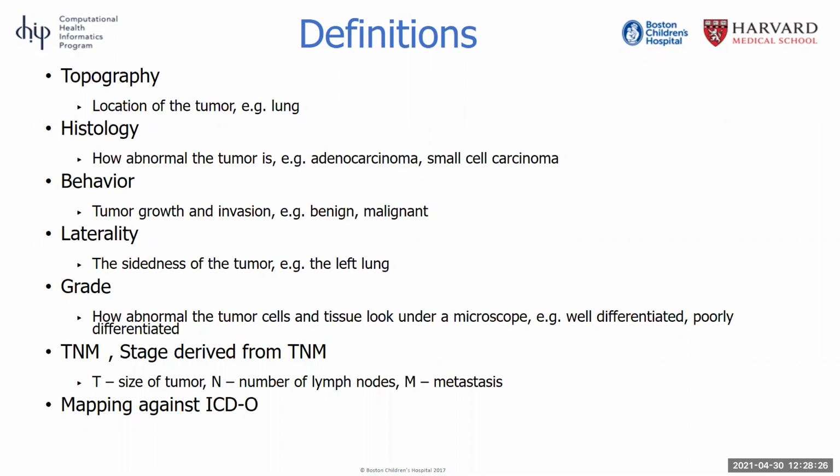And the TNM stage, which is derived from the T, which is the size of the tumor, the N, the number of lymph nodes, the M, which is whether the tumor has metastasized. In addition to that, all these reportable cancer attributes have to be mapped to the oncology ontology, which is ICD-10.